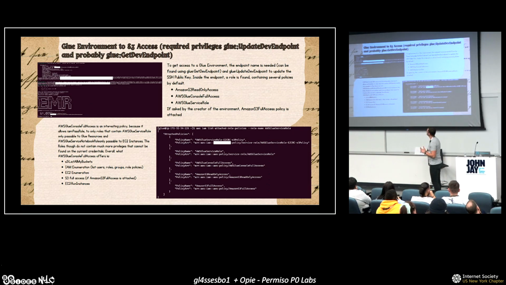The role will have privileges. By default, they have 3 policies attached. And if the user wants, they can also attach another one, which is Amazon S3 full access, which is helpful because, one, S3 list all my buckets and EC2 run instances are privileges that the quarantine policy prevents from being executed.